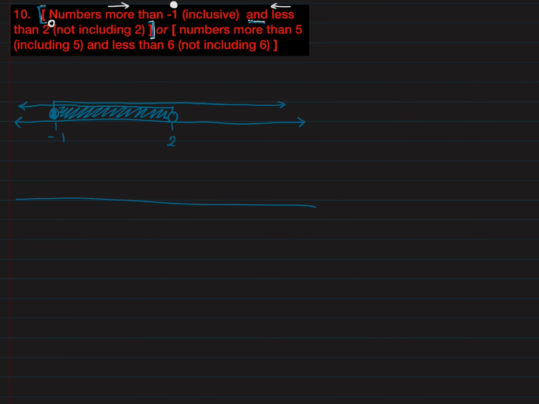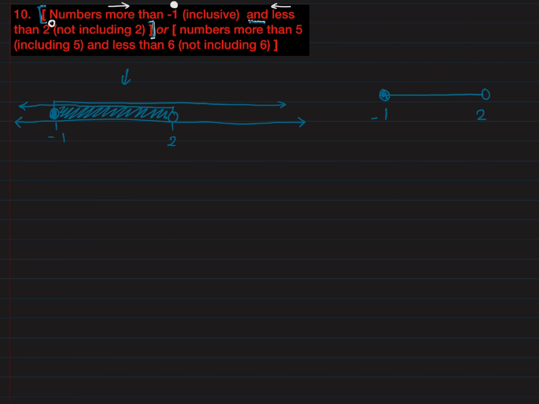Because if we had an arrow like this, -1 and 2, and we had this instead, so it goes like this and the other one goes like this, you can still see which area is the overlapped area, but I think it's just easier to see over here. So we'll just continue with this notation. So the first section of this question gives us the range from -1 to 2. And we have it like this.